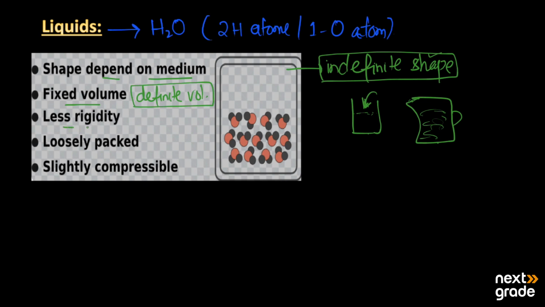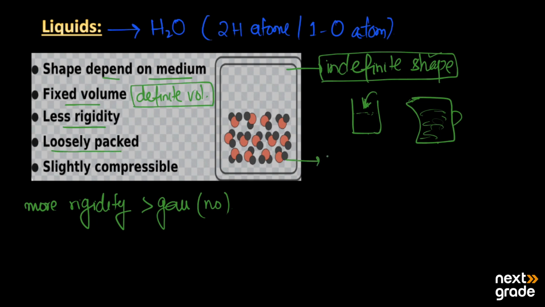Next, they have less rigidity compared to solids, but more rigidity as compared to gases, as gases have no rigidity. They are loosely packed. The intermolecular forces are present, but these intermolecular forces are not too strong.